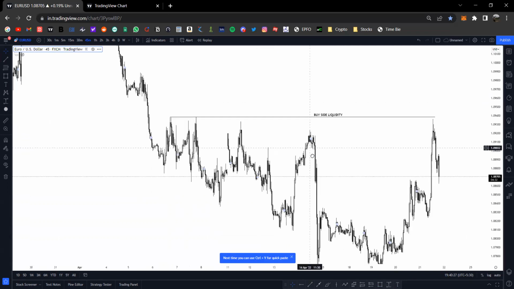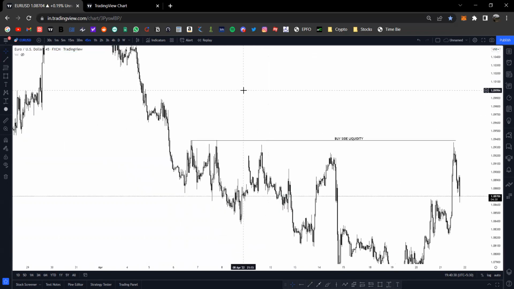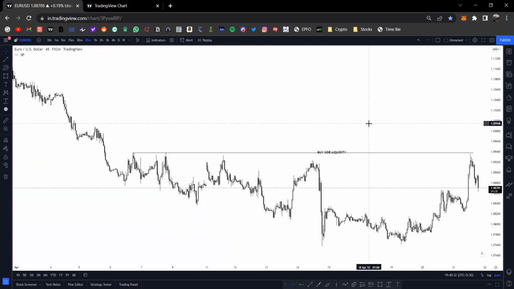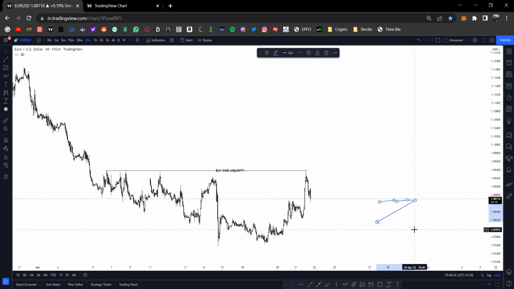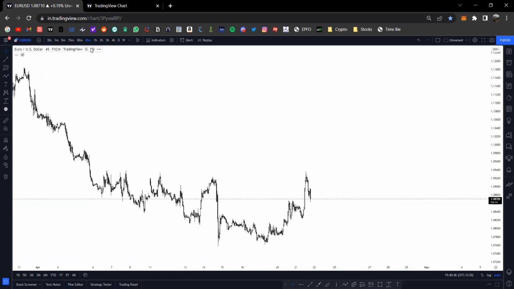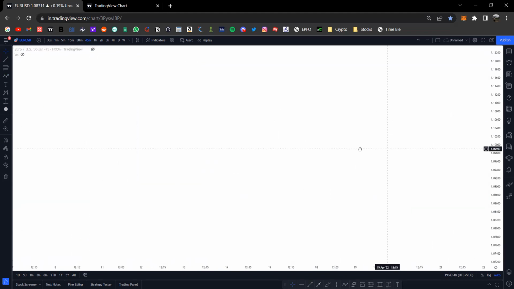So how I see my sponsor candle: this is the high. This is the first time I'm teaching someone like this, so please bear with me.